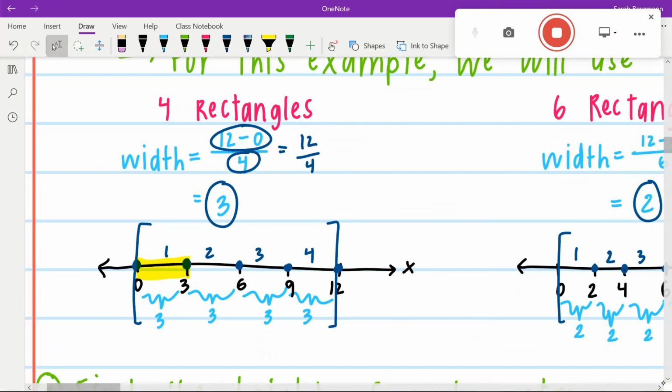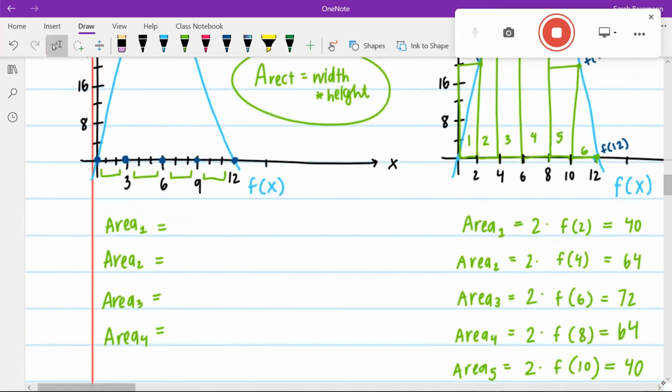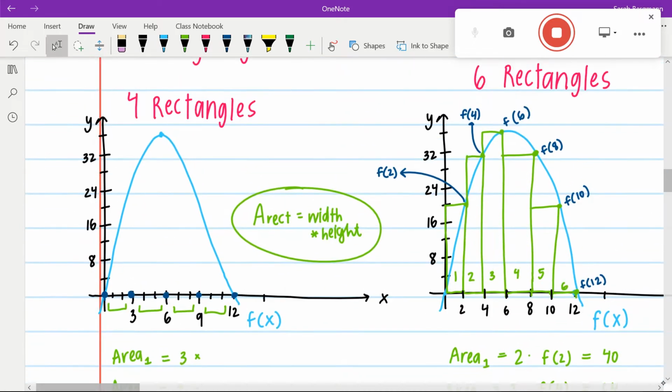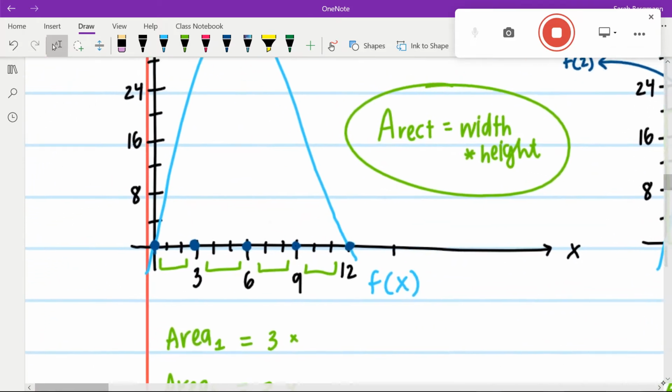So if we're doing 4 rectangles, the width is 3 units. So we know that to find the area of each of these, it's going to be 3 times the height. Now we need to figure out the height for each rectangle. This one said we are going to use the right endpoints to find the heights.